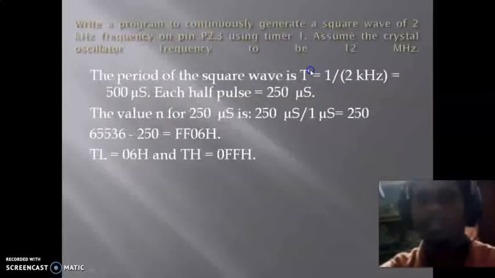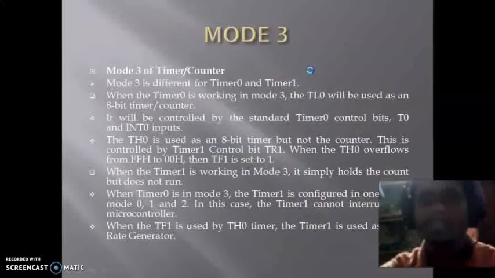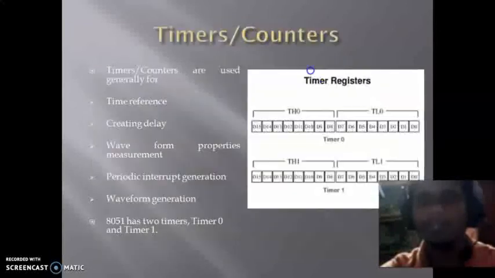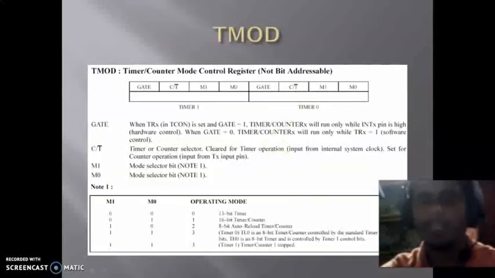As we already discussed with the TMOD register, for timer 0 it will be 00, and if you want to select timer 1, then it will be 01.